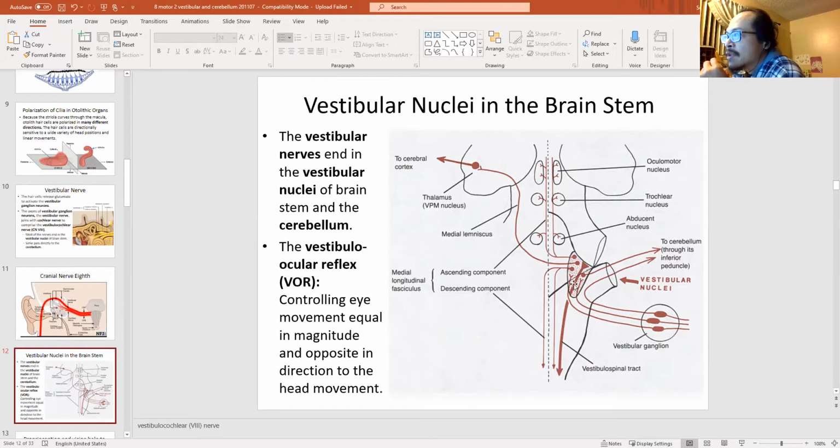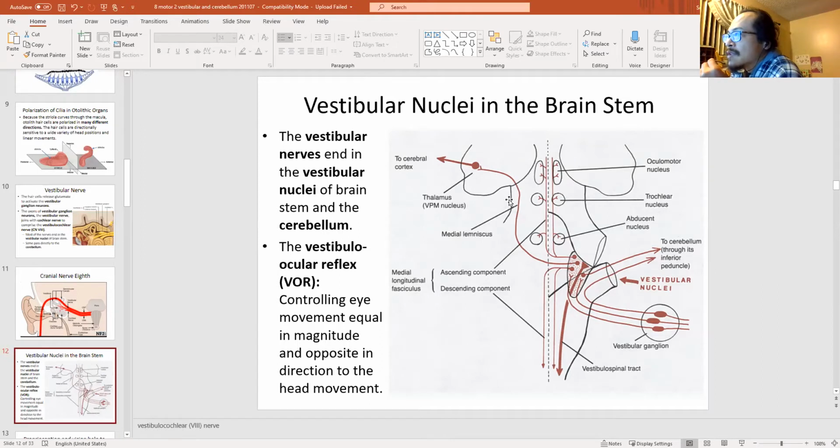Once it enters the vestibular nuclei, it will send signals to different regions in the midbrain and other portions of the brain. So you can see that the vestibular nuclei will send signals into the spinal cord, through the vestibulospinal tract that we just mentioned in part 1.